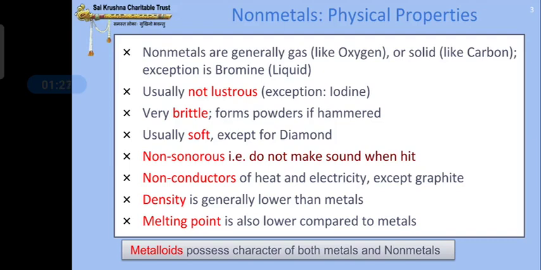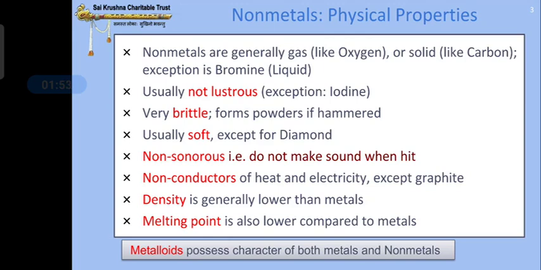The next point is they are non-sonorous, which means they do not make sound when hit. They are non-conductors of heat and electricity, or bad conductors, except graphite. Graphite is the only non-metal which is a good conductor of heat and electricity. All other non-metals are bad conductors.